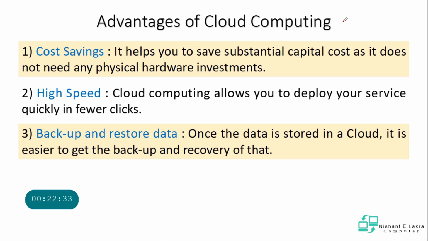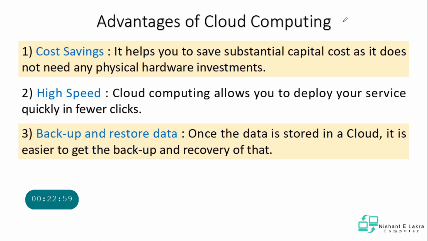So that means, suppose you have taken pictures using your mobile phone and you saved them in the memory card in your mobile phone, and the other person has saved them in the cloud, and suppose something happened and both of the mobile phones or memory cards got spoiled.